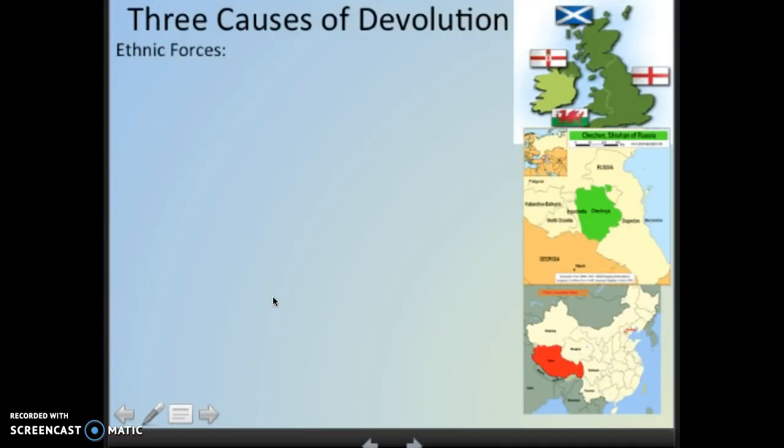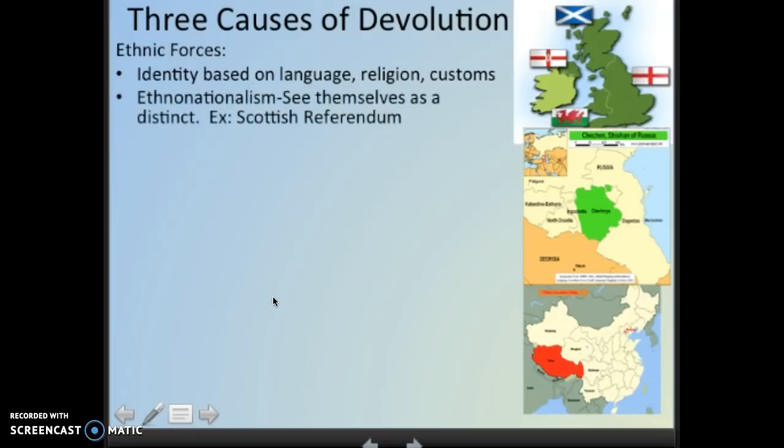Ethnic issues. If there is a part of the country that has a different ethnic identity, language, religion, or customs, a national government might be more likely to give more autonomy to that region. That is the idea of ethno-nationalism, where a particular region sees itself as distinct from the larger country. England is where you will find London, and London is where you will find the Parliament.